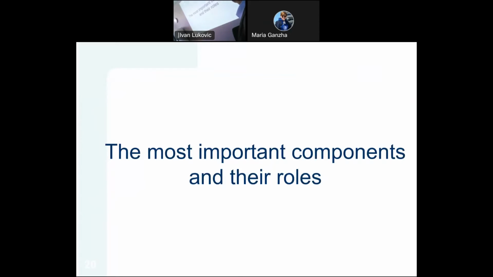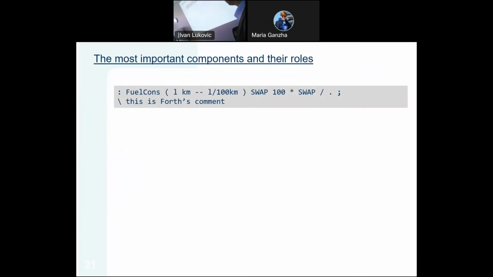The most important components and the rules. Here is the definition of a new word, fuel consumption, and the definition of a new word comes in a colon and semicolon phrase. And here is a comment. If you ask the word what it does, it will show you this.